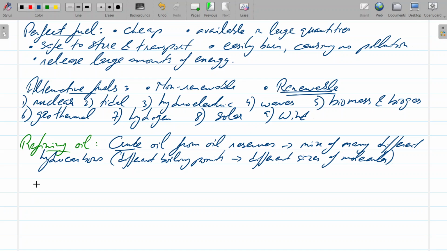So what happens is that crude oil is processed via a technique called fractional distillation.